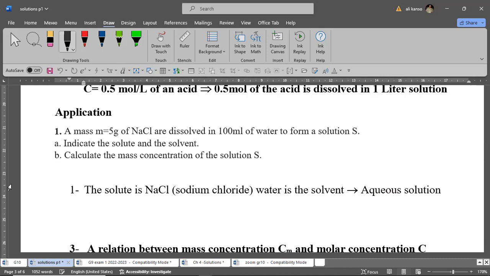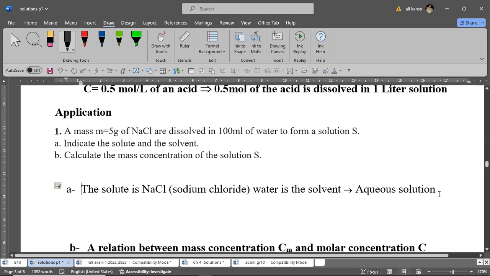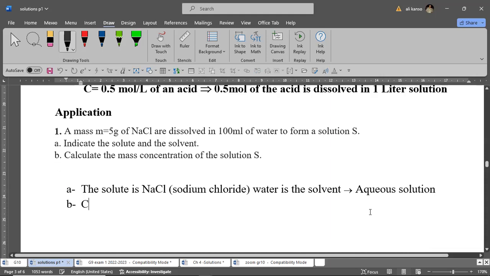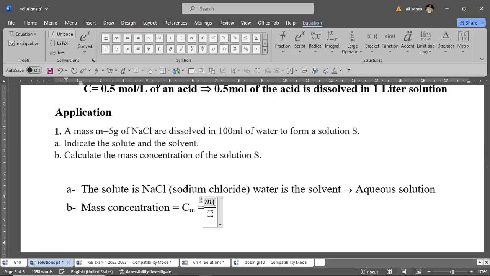Second question: how can you calculate C mass? Mass concentration is expressed by Cm, which is equal to M over V: M of the solute over V of the solution, which is water here.